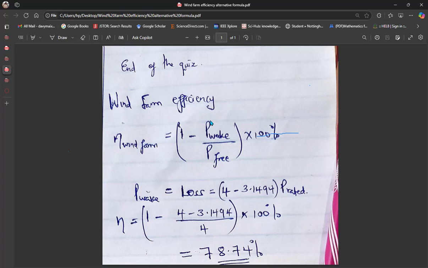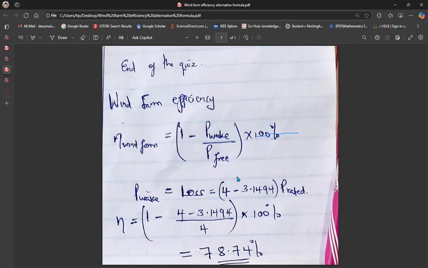We are taking 4 because there are 4 turbines, so we expect them to give us 4 P rated, but they are giving us 3.1494 P rated. When we subtract them, we get the loss.